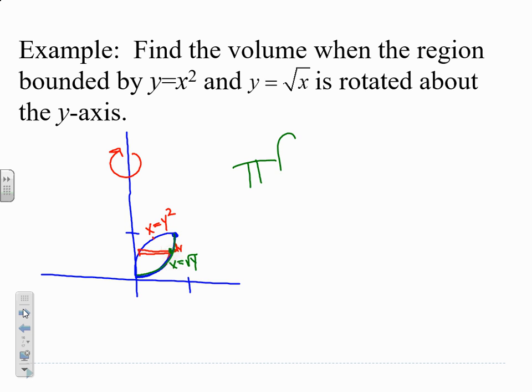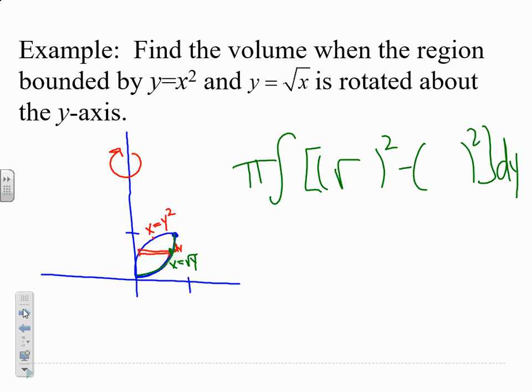So we have pi integral, we'll worry about limits later, r squared minus r squared h. So furthest away, our big radius is going to be radical y, and our small radius would then be y squared.